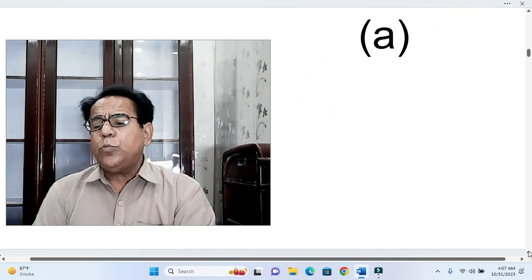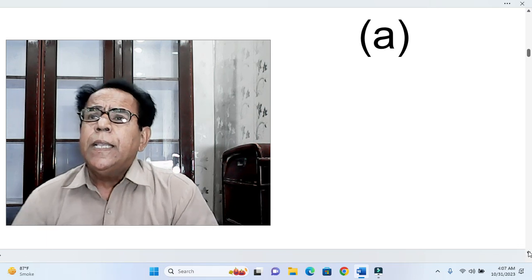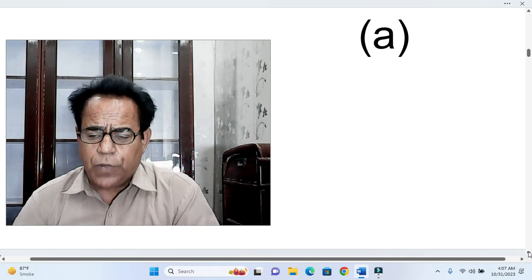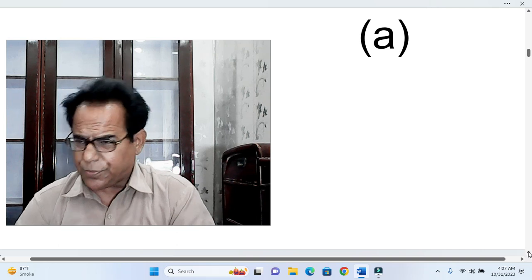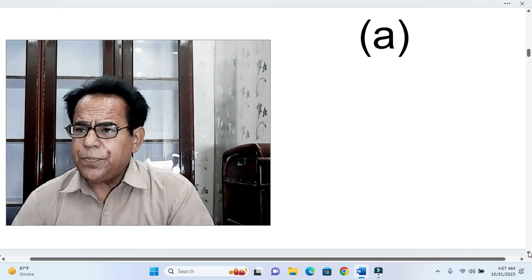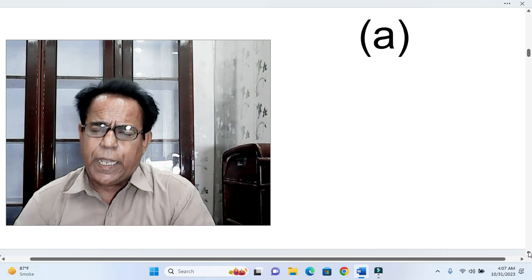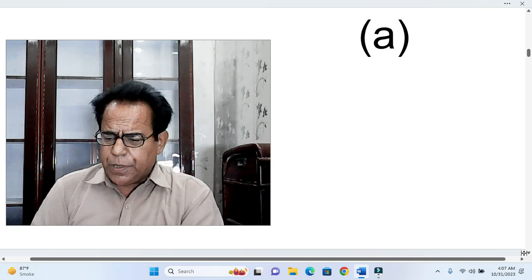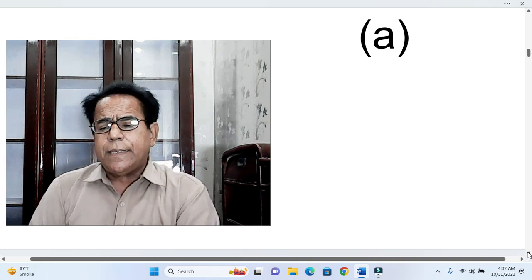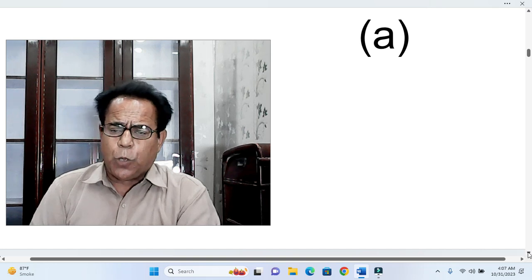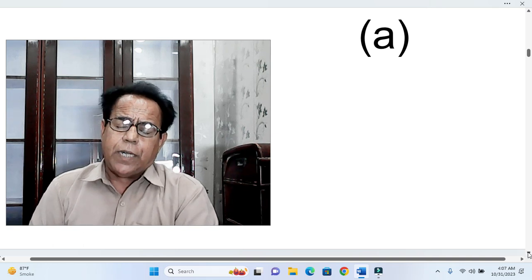Dear students, this problem has three parts, A, B, C, and the solution methodology of all three parts is 100% the same. That is why we will not give much time to parts B and C. The practice adopted here is that I first solved only part A of this problem in MathType, then copy-pasted it into a Word file.